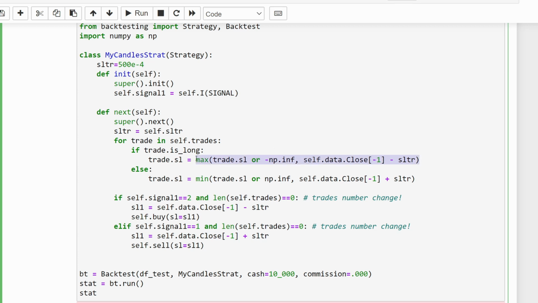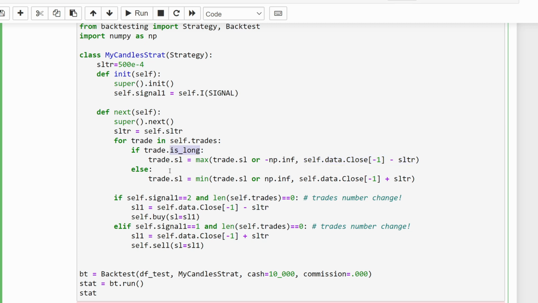In other words, this trailing stop loss is going to go only up. It cannot go backwards, since we are always taking the maximum between the old stop loss and the new value of the stop loss. And this is true for the long position.